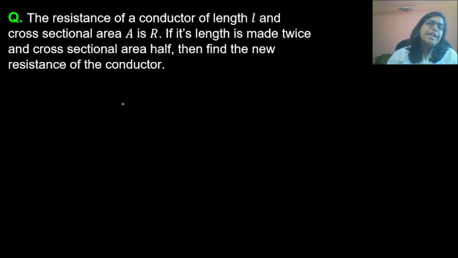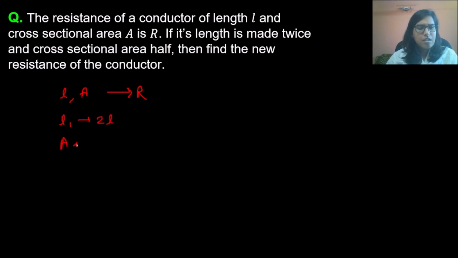Now in this question, the resistance of a conductor of length L and cross section A is R. If its length is made twice, so now the length is 2L and the cross section area is half, then what will be the new resistance of the conductor? So R equals rho L upon A. Now the new resistance will be R1 equals rho into L1 upon A1.